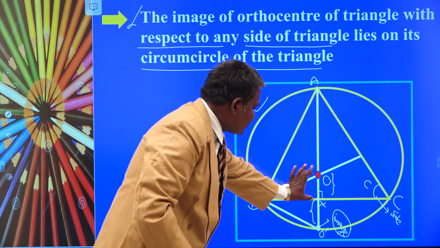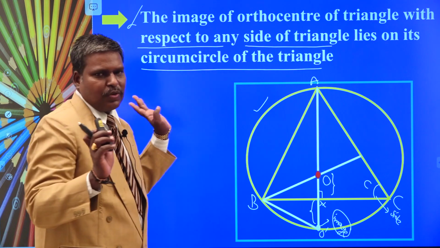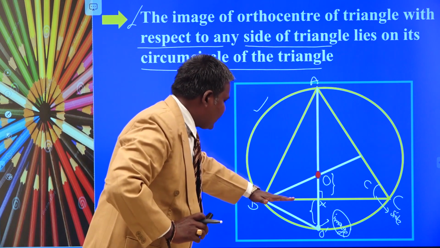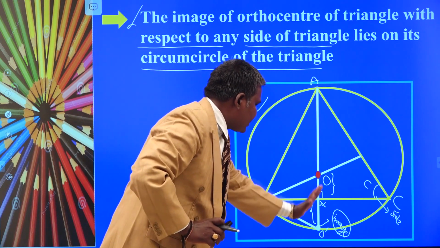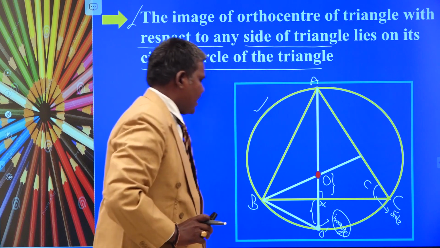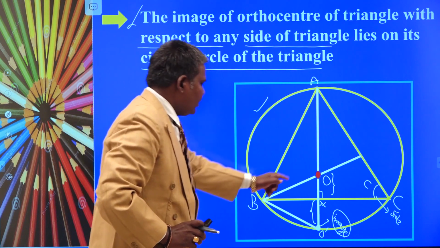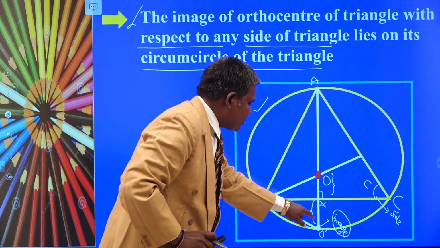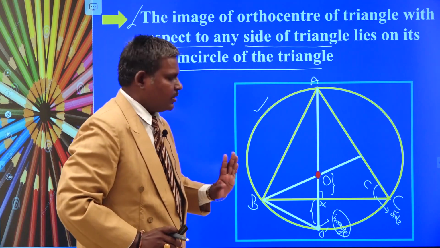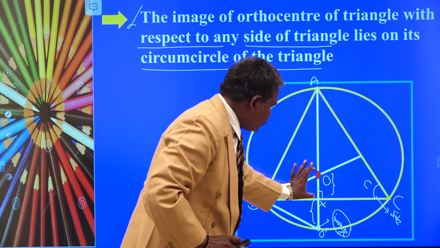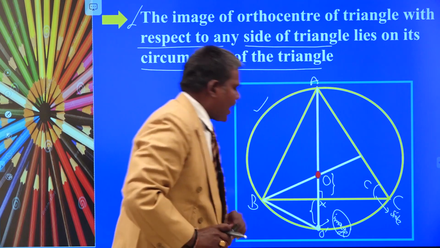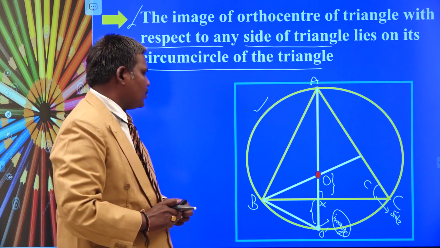When OX is equal to XO dash, your job is over. Am I correct or not? This is the line, the perpendicular bisector of OO dash. Then these 2 points are mirror images with respect to this line. Am I correct or not? So your job comes down to OX equal to XO dash.